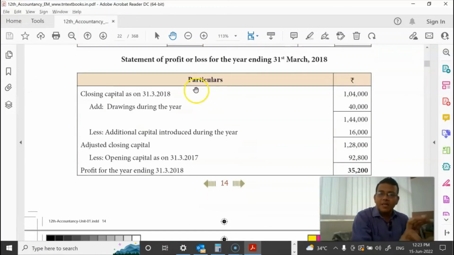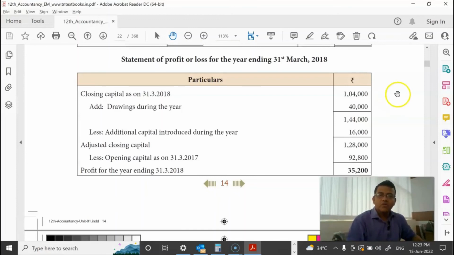We will apply the same format which we did previously. From the closing capital, that is 1,04,000, we will add the drawings made during the year. This is going to be the reverse working. Earlier the drawings would have been subtracted, so your capital would have come down, profits would have been added, so your capital would have increased. But now since we are to arrive at the opening capital, we will always do a reverse working.